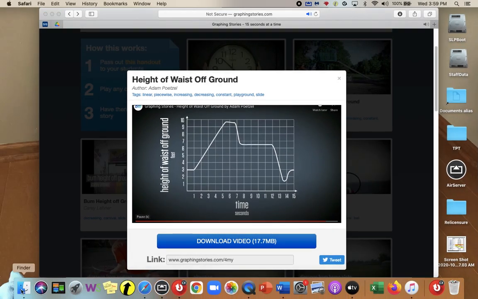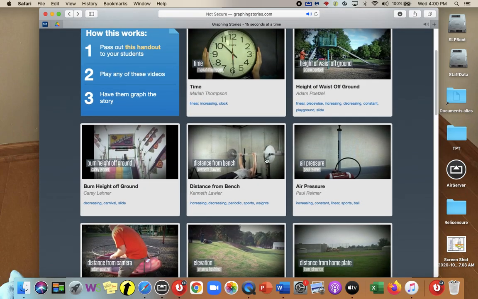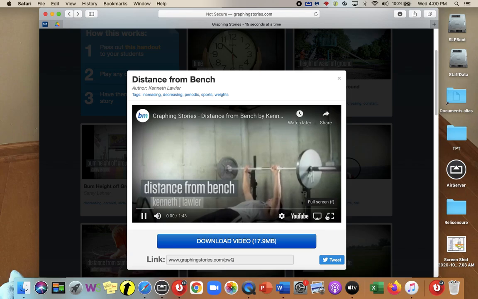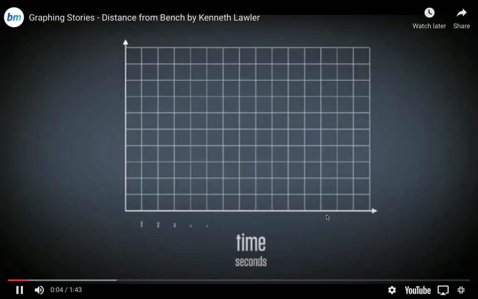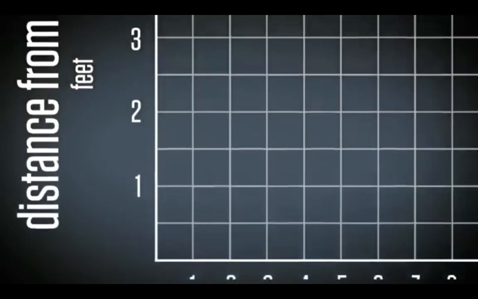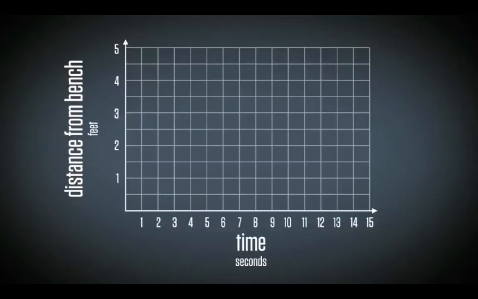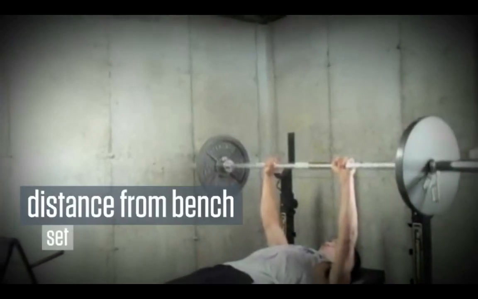All right, and then we have one more in our packet, and that is distance from the bench. So same thing, we'll watch the video here, just first observing things. So this is the distance from the bench, and they mean of the weight, the dumbbell. Here's regular speed.